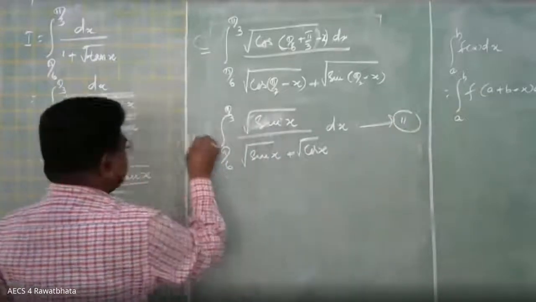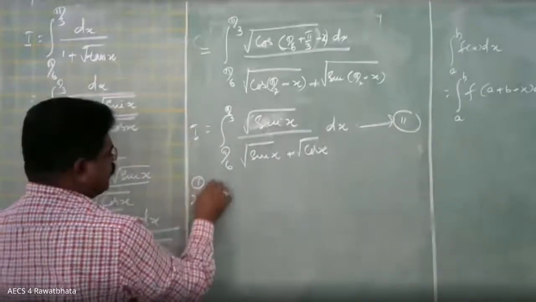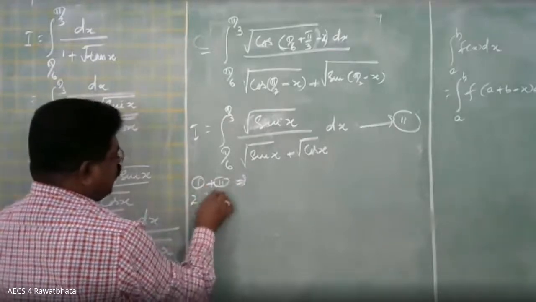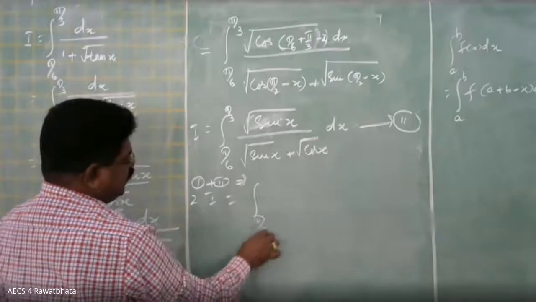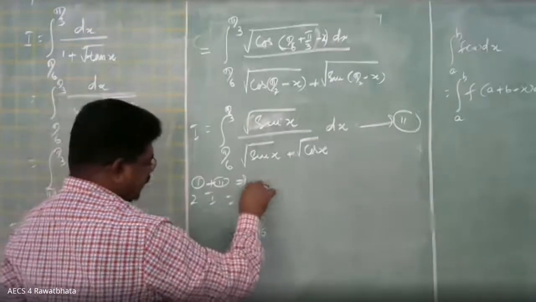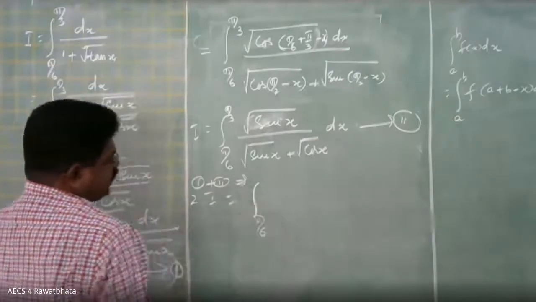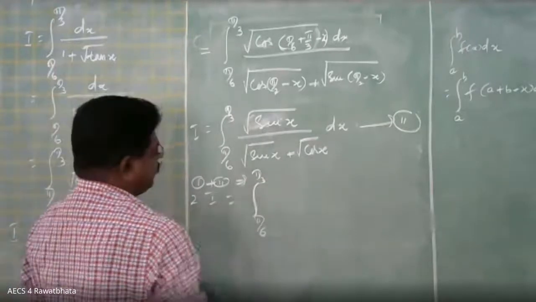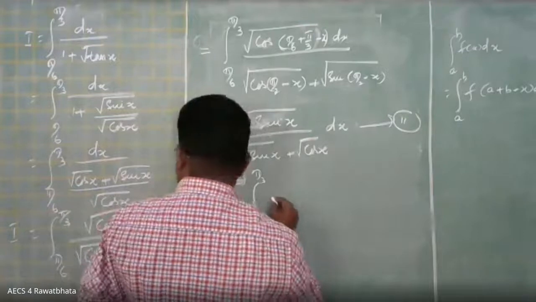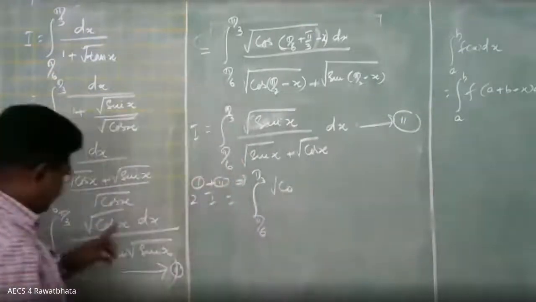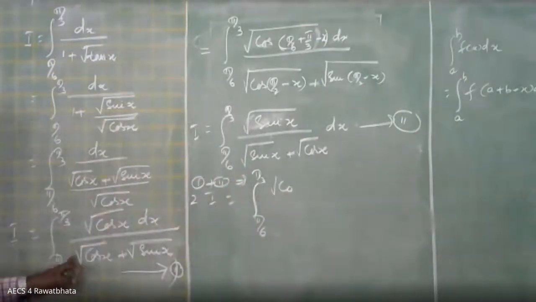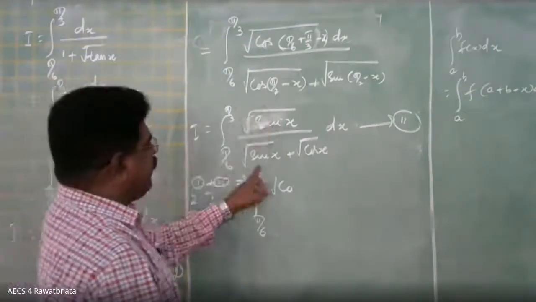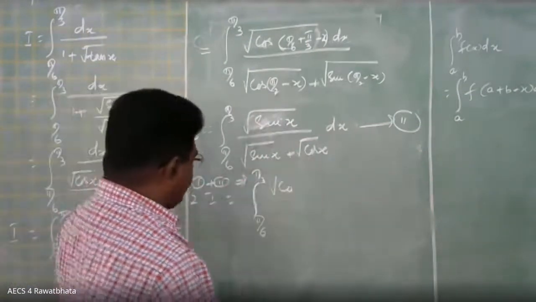Okay. So this one is I, and 1 plus 2 implies that 2I is equal to the integral, lower limit π by 6 to π by 3, of root of cos x dx upon root of cos x plus root of sin x, and here root of sin x upon root of sin x plus root of cos x dx.